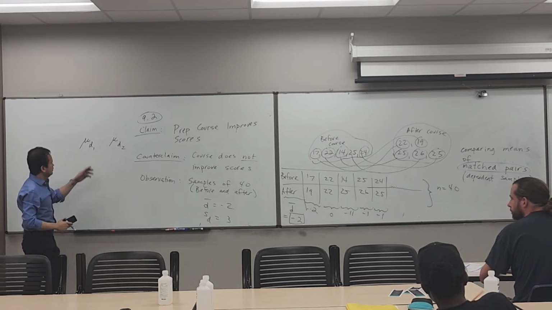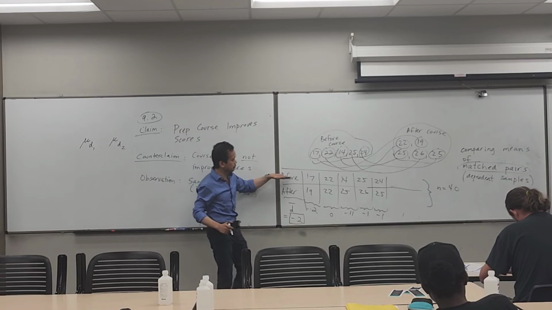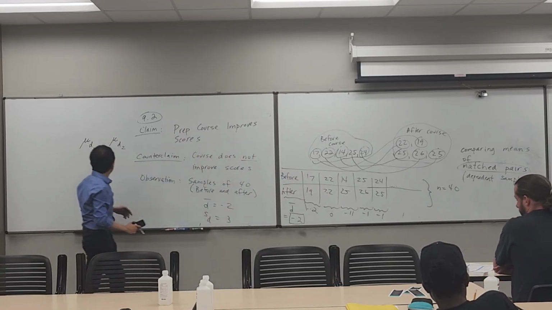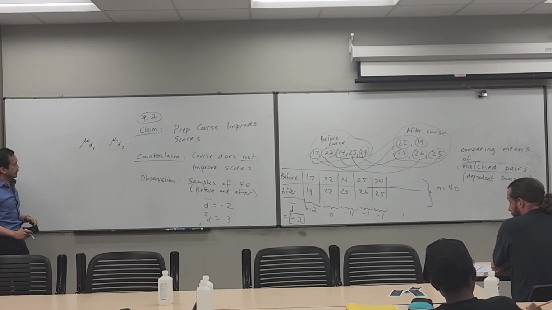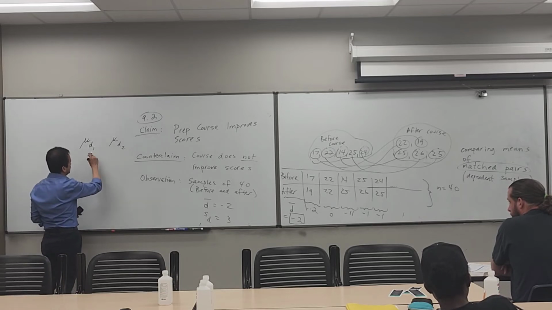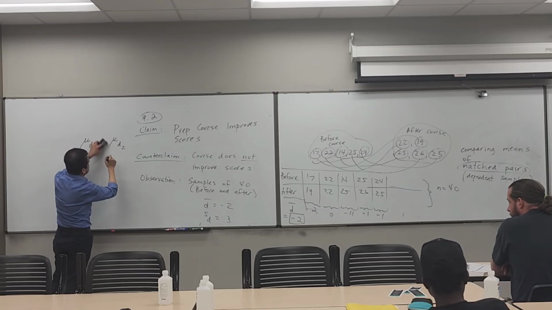So mean 1, remember, is the before group, that was group 1, and the after group is group 2. So it'd be mean D1 is less than mean D2, because it's improving your score. That would be your claim.